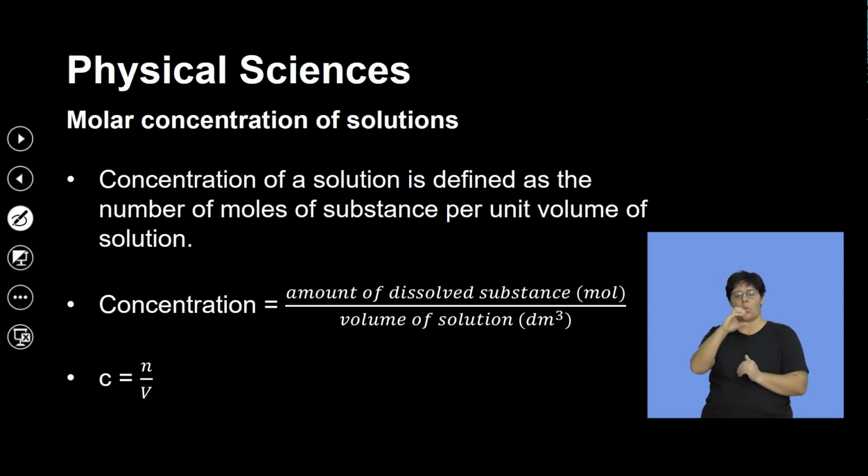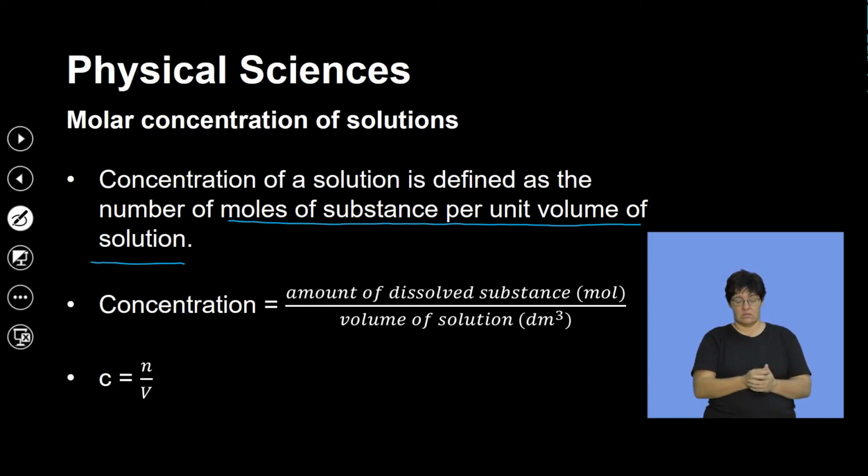In terms of definition, the concentration of a solution is defined as the number of moles, because the mole is actually a number, okay? So it's the moles of substance per unit volume of solution. Mathematically, the concentration is equal to the amount of dissolved substance in moles, because quantity of substance or amount is the mole.